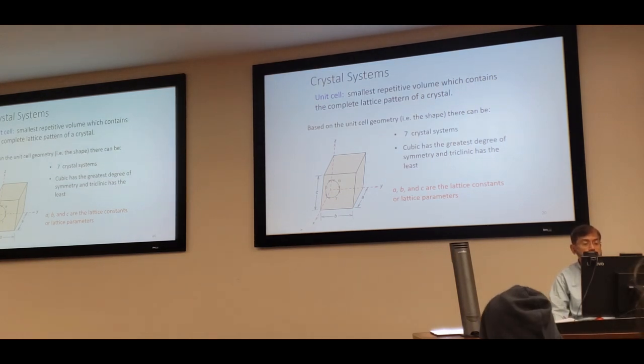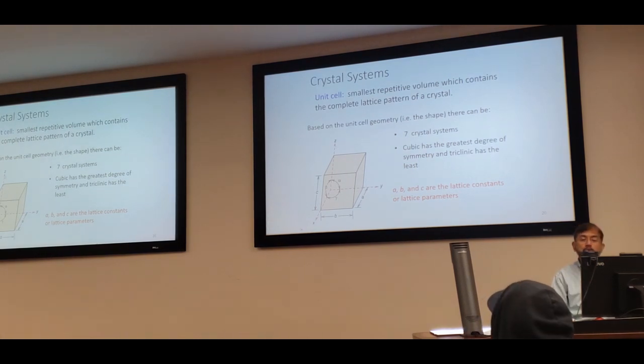A is the dimension of this unit cell going in the x-axis, B is the length of the side of this unit cell going in the y direction, and C is the length of the side of this unit cell going in the plus z direction.